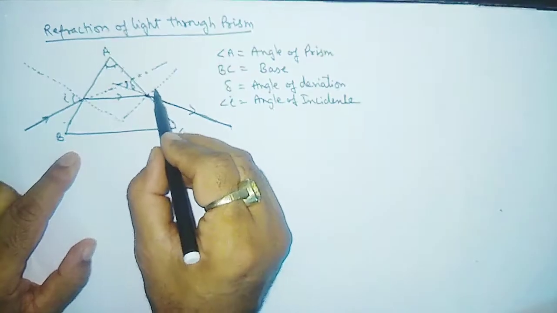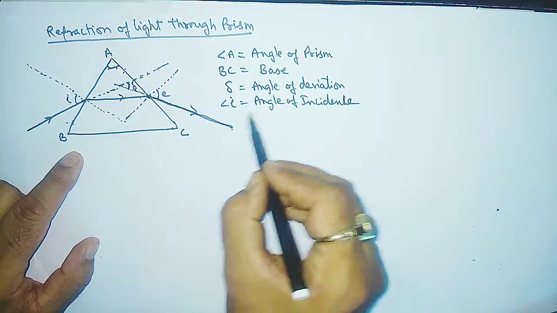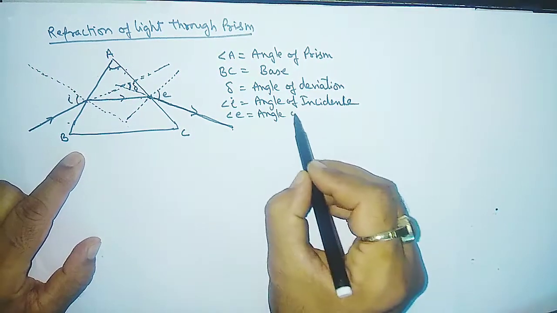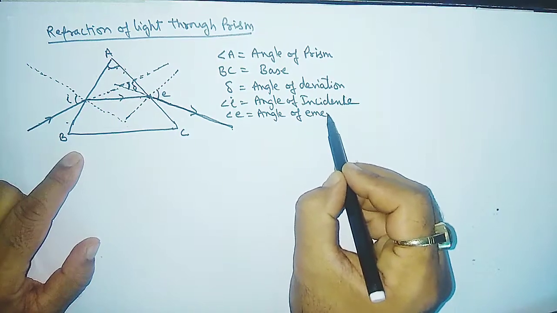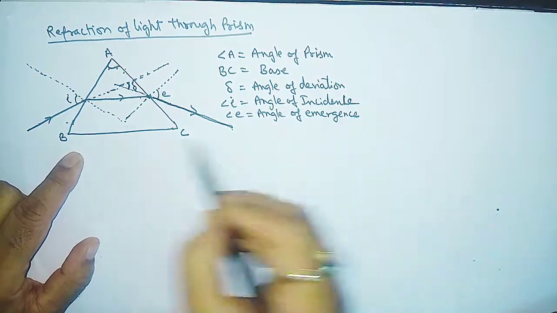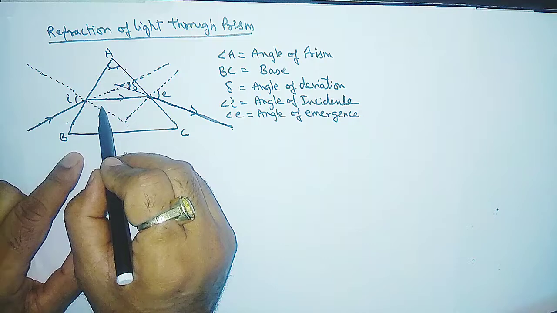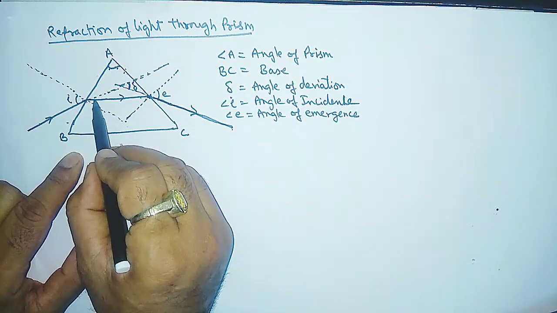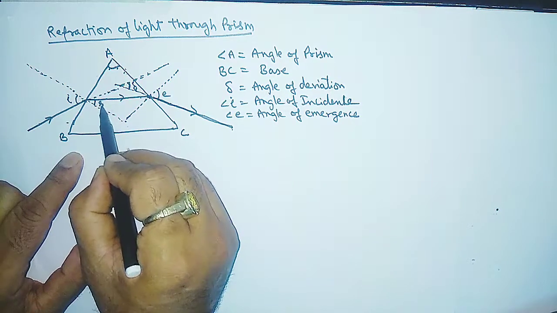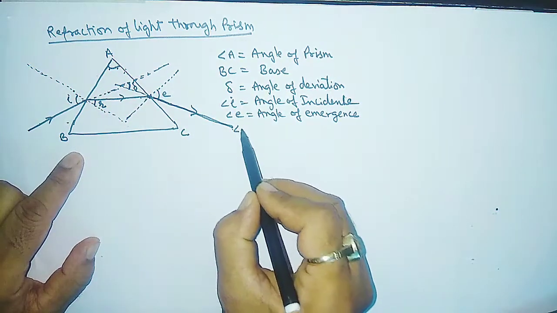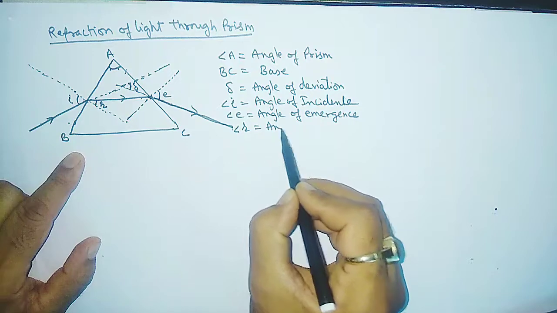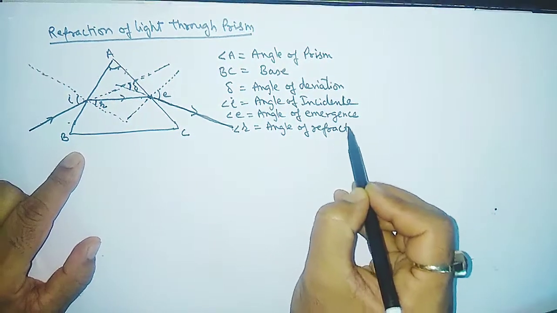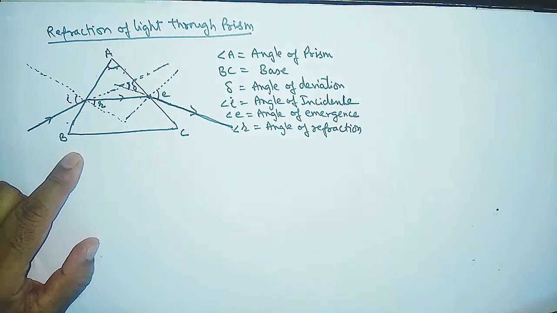This angle from the normal is the angle of emergence. And inside the prism, the angle between the normal and the refracted ray is the angle of refraction. Angle R is the angle of refraction. So refraction takes place in this way.